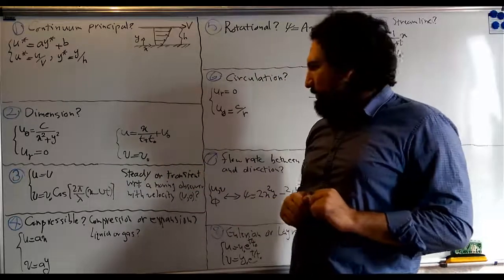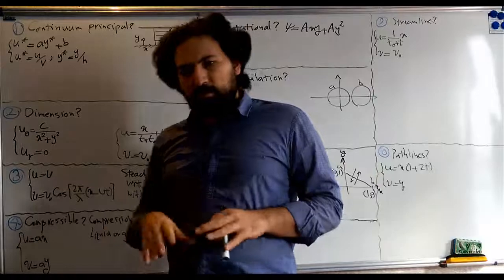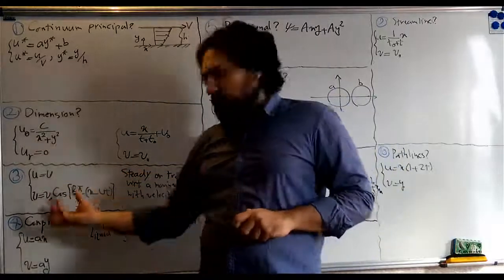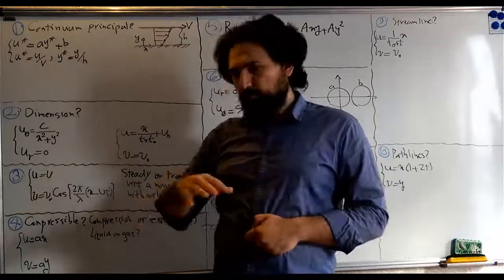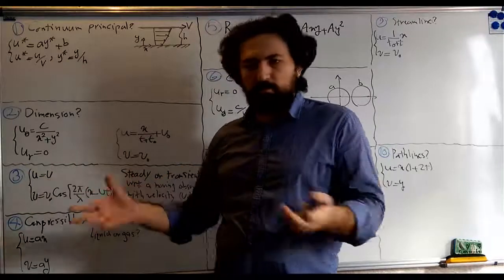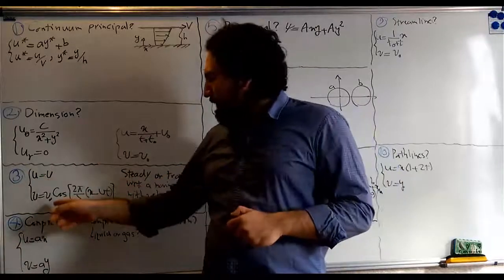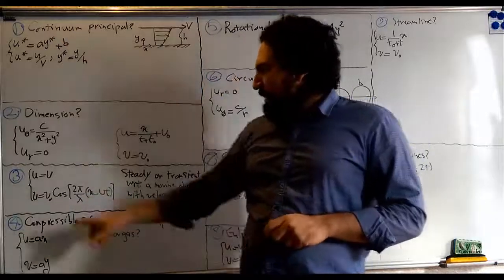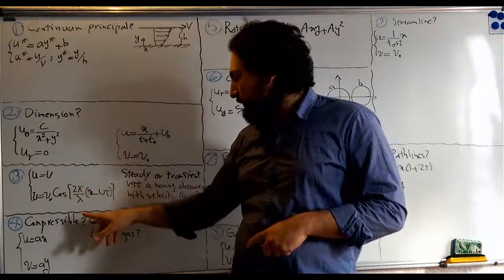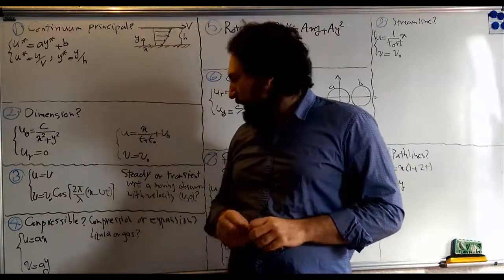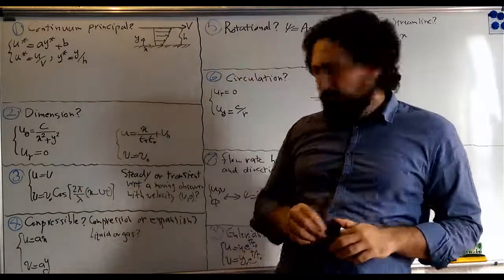What is the dimension of this velocity field? The third question is about the steadiness. Is this velocity field steady or transient? The horizontal velocity equals a constant value u, and the vertical velocity is v sub 0 times cosine of 2 pi over lambda times (x minus u t).